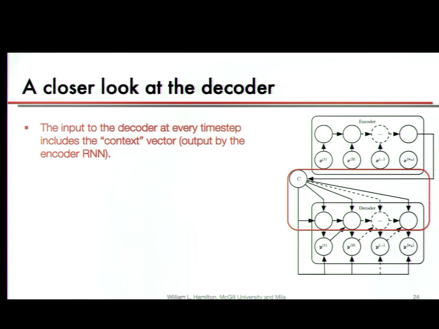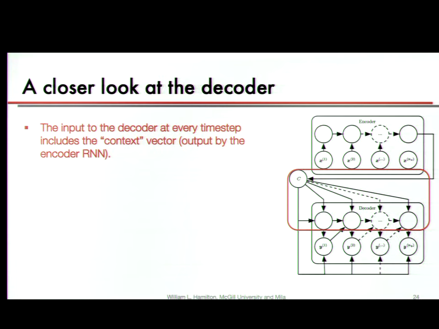So the encoder is relatively straightforward. We basically already covered the encoder in the last 2 lectures. You could use a standard LSTM there. There's nothing special. But the decoder is a little different. The decoder, at every time step, is going to take this context vector as part of the input.